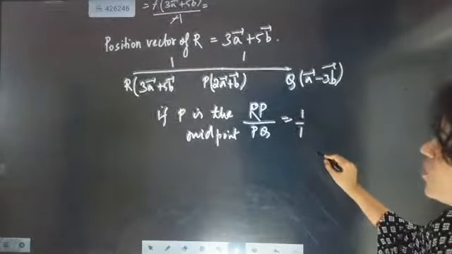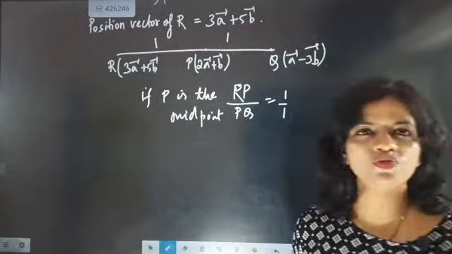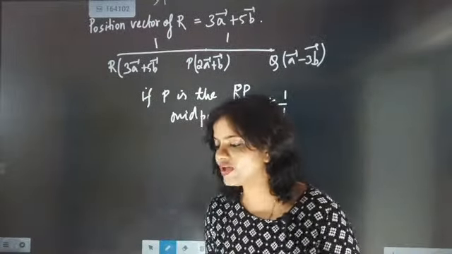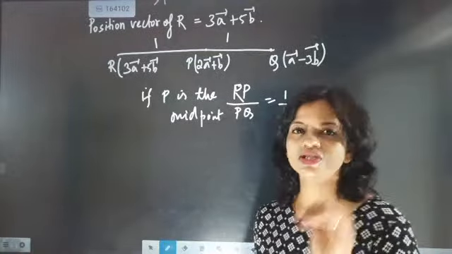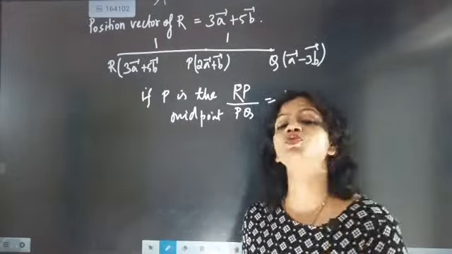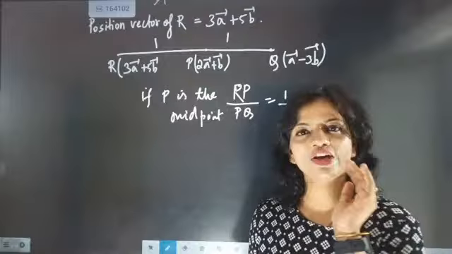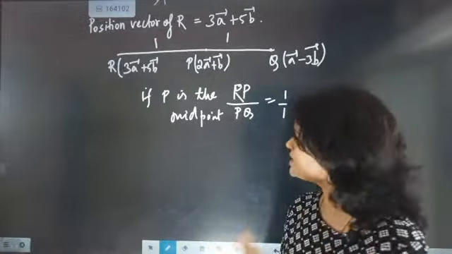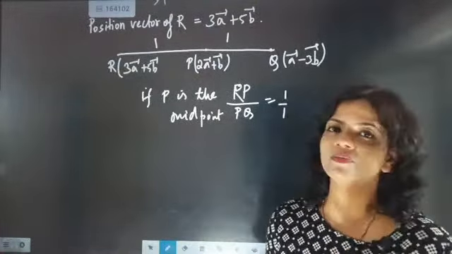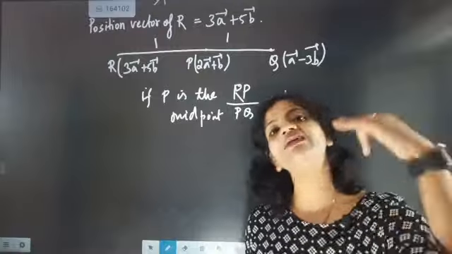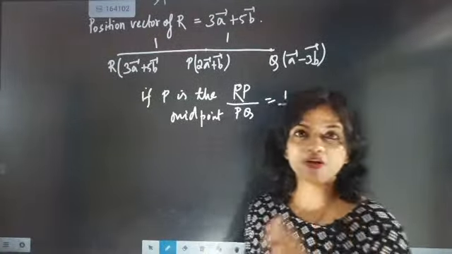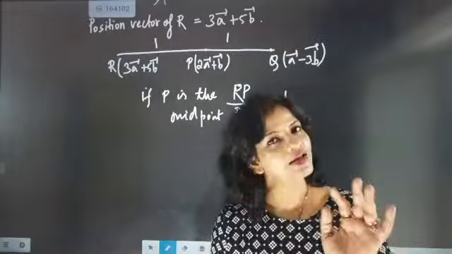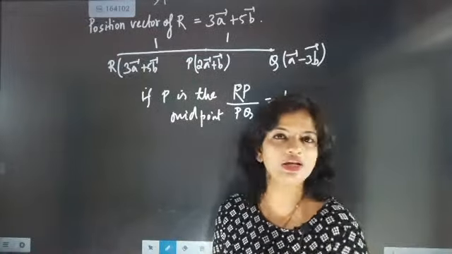Now the next work is to find the position vector of P. We already know the position vector of P, but they told us to prove that P is the midpoint. So if P is the midpoint, then the ratio will be this one. From that ratio, if we find the position vector of P and the value comes out the same, then it is a midpoint, otherwise it is not.